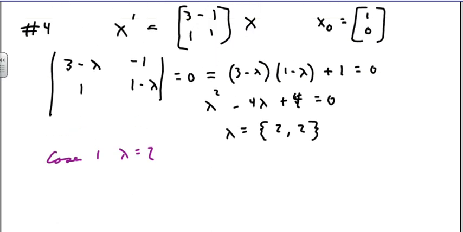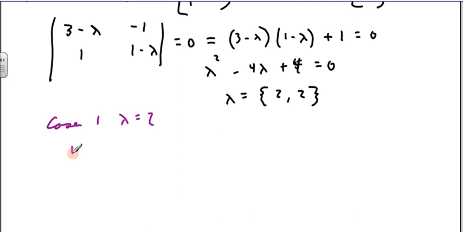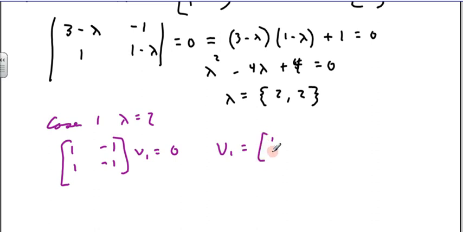Here, I've got 3 minus 2 is a 1, minus 1, 1, and 1 minus 2 is a minus 1. And I look at that, and V1 is equal to 0. And I can find a V1, which is 1, 1. But I can't find another one.